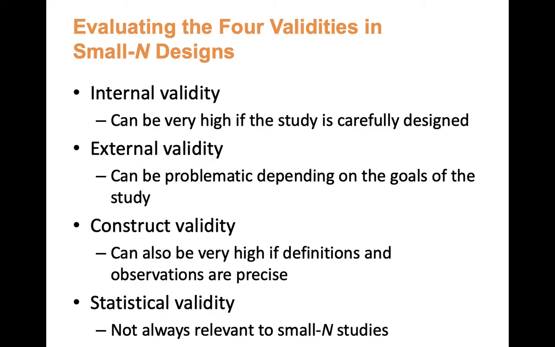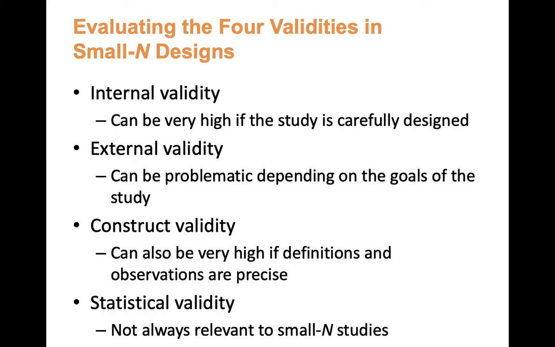It's not always the goal to generalize beyond a single participant or to other populations. So medical studies, for instance, on treatments of rare illnesses necessarily have a small number of participants because it's a rare illness by definition. But if the goal of the research is only to treat that rare disease, generalization is not so relevant. It only is important to study those types of patients that have that disease.